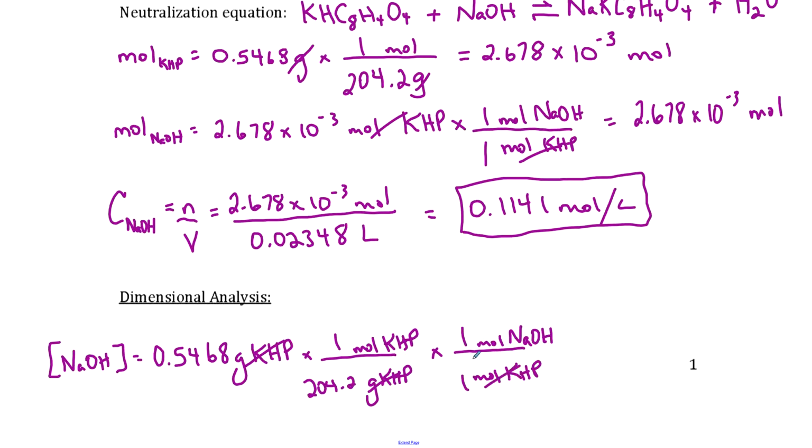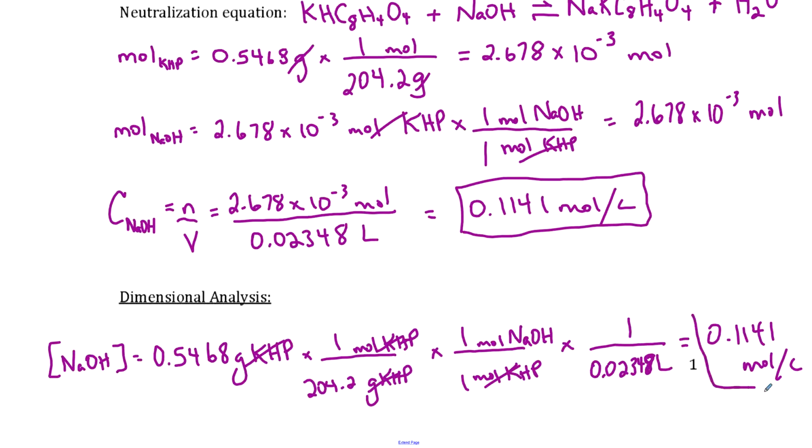And that was 1-to-1. And finally, I can do moles per liter. So if I just put liters on the bottom, and then you can just put a 1 on the top, right? Because I want to get an answer in moles per liter. So you would work your way through and get the same answer. Okay, so just 2 different ways to do the same thing. Choose whichever way you like best.